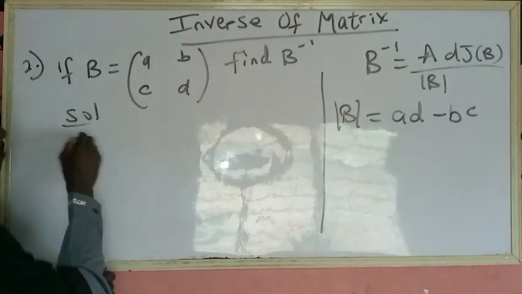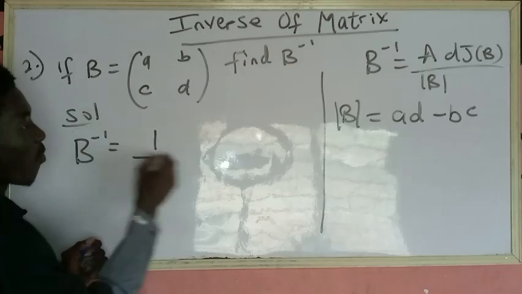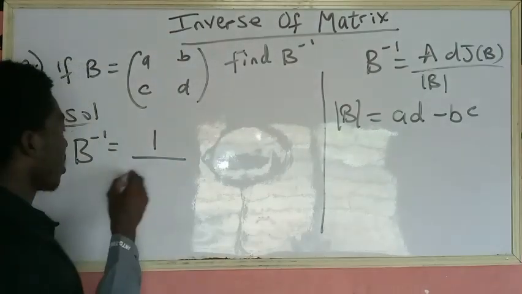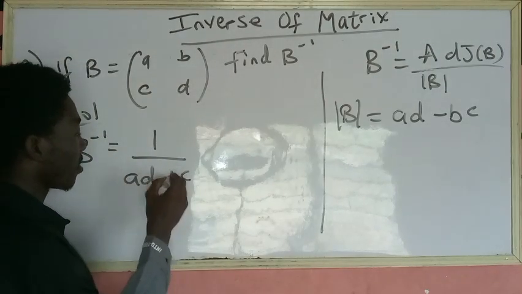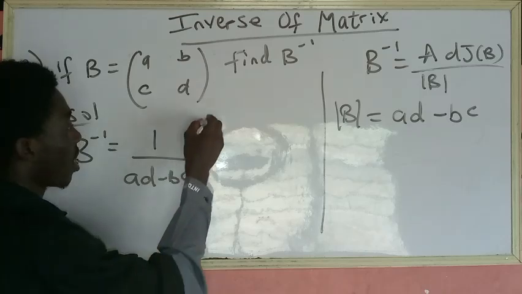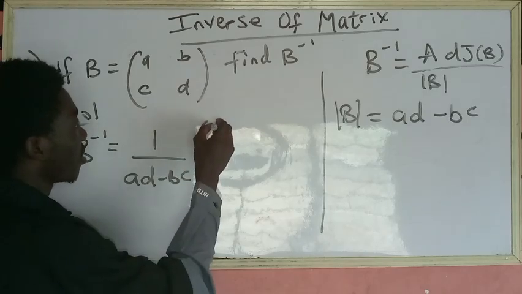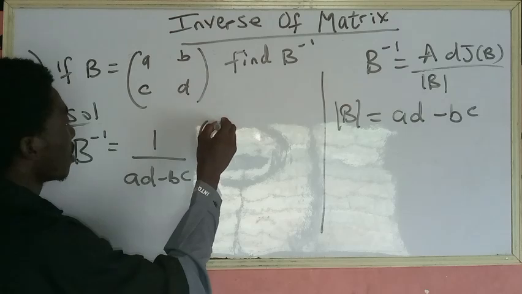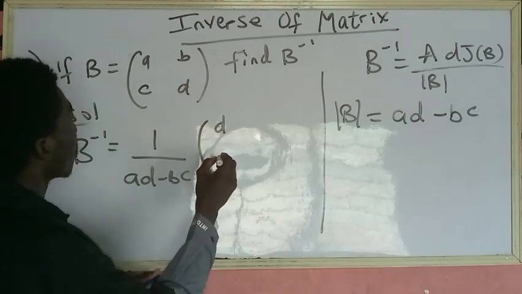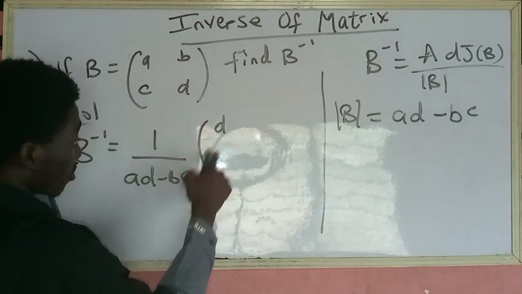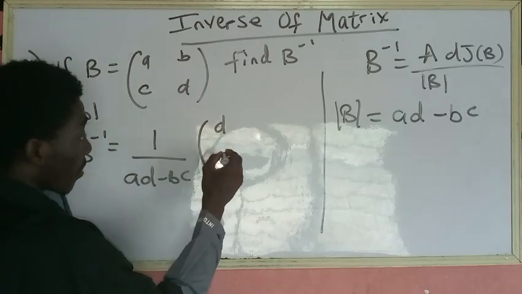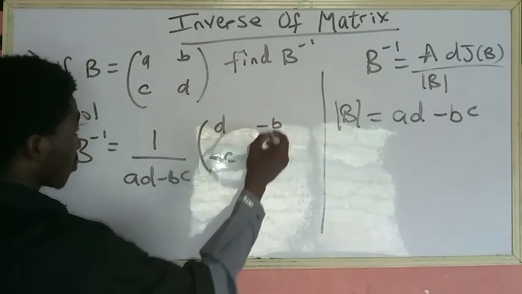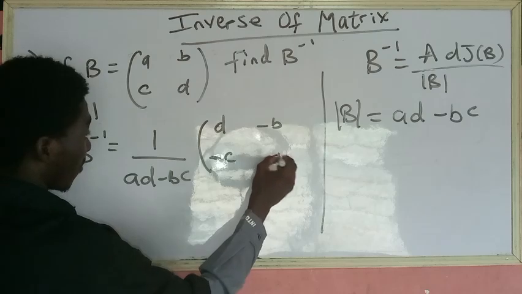So therefore, my B inverse will be equal to 1 over my determinant, AD minus BC, times the matrix with D here, minus B here, minus C here, and A here.